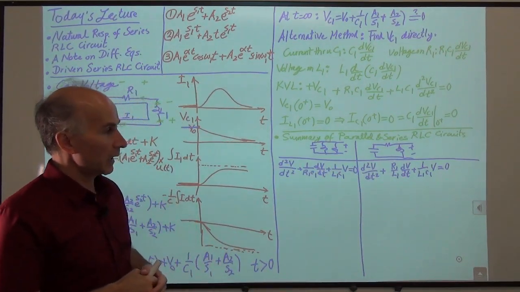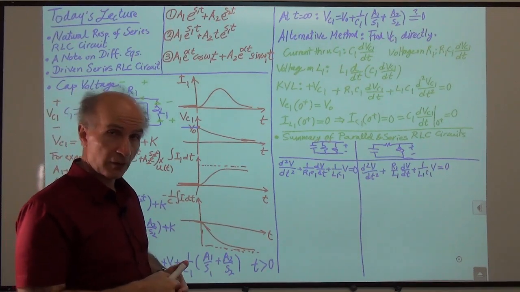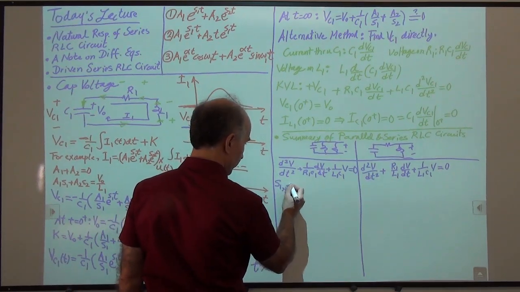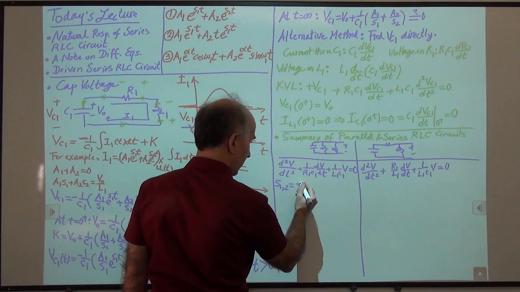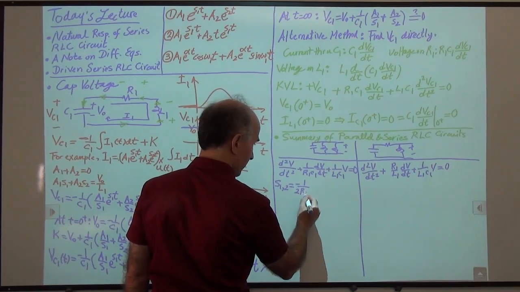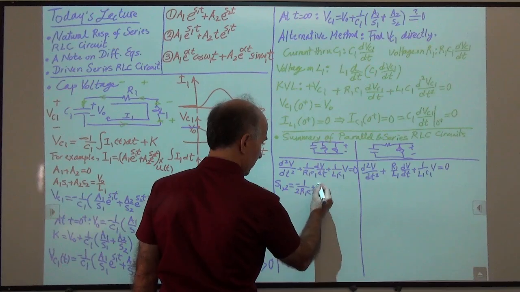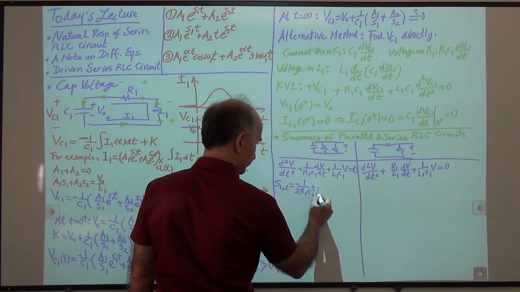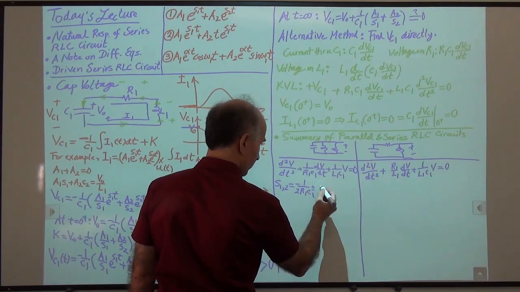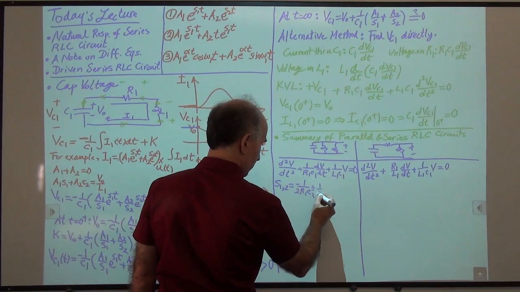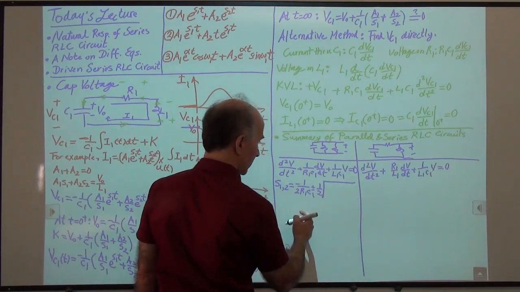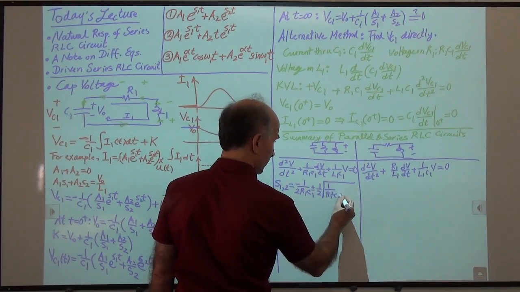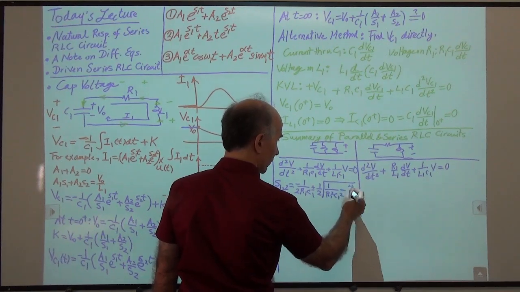Okay, so from here we were able to find the characteristic equation and then the roots. So the roots are like this. So we have S1,2 equals minus 1 over 2 R1 C1 plus minus, okay, I need a factor of 2 here, we have a factor of 2, then the root of this squared, 1 over R1 squared C1 squared, minus 4 over L1 C1.